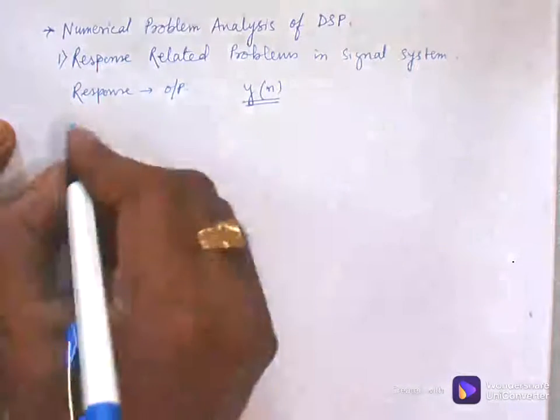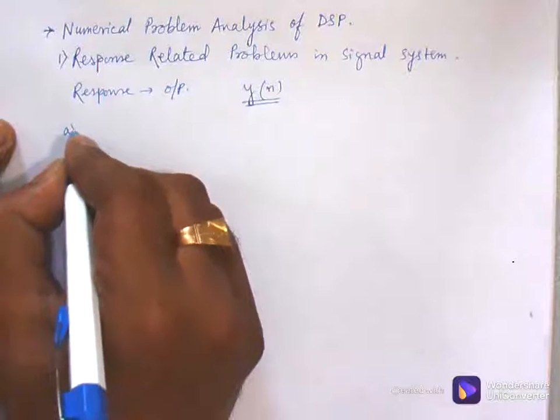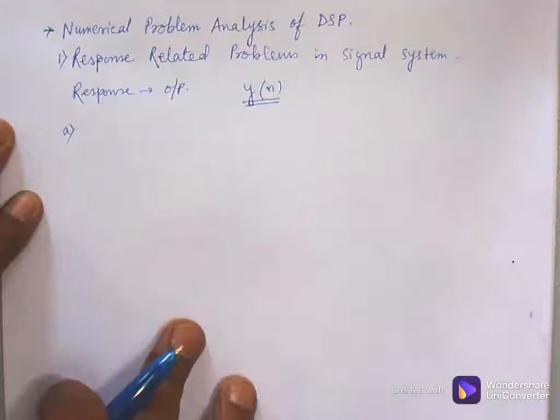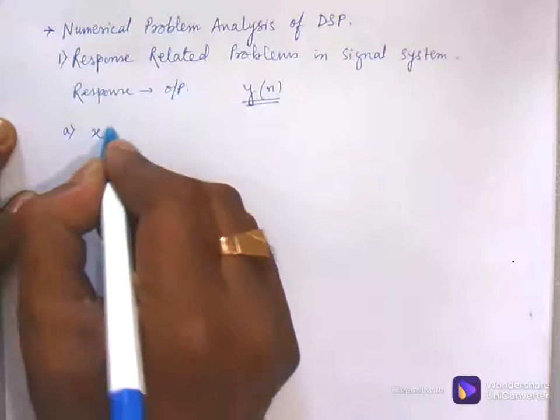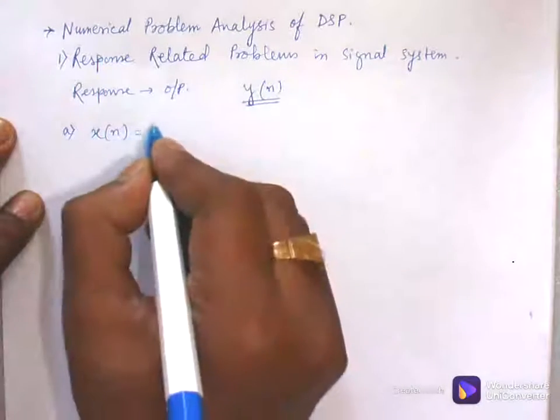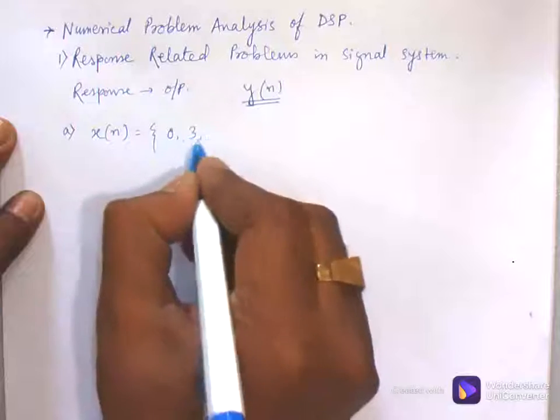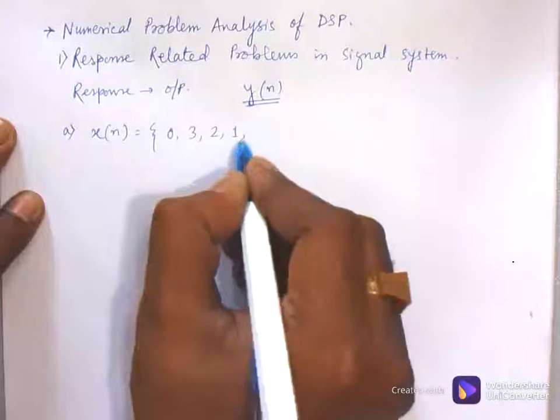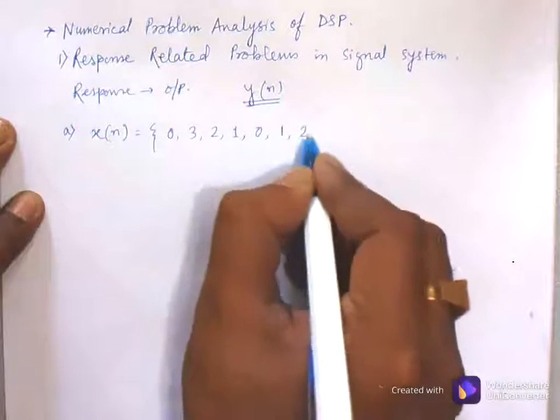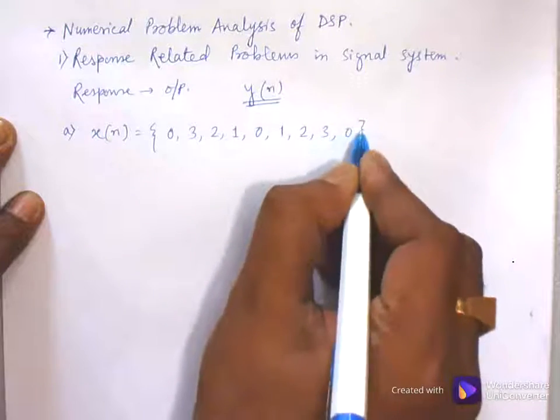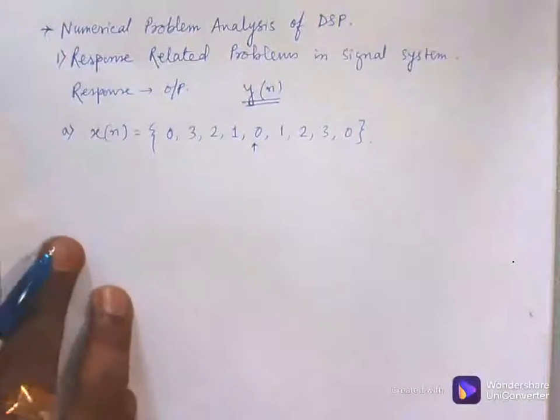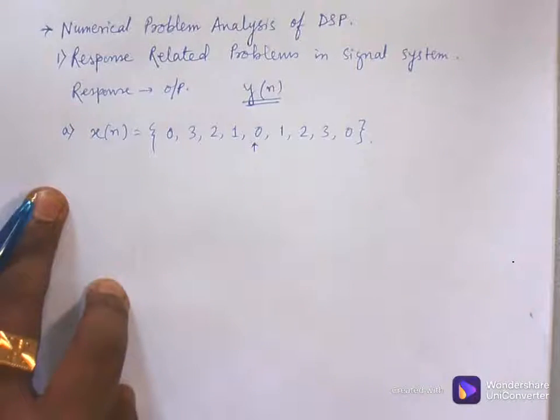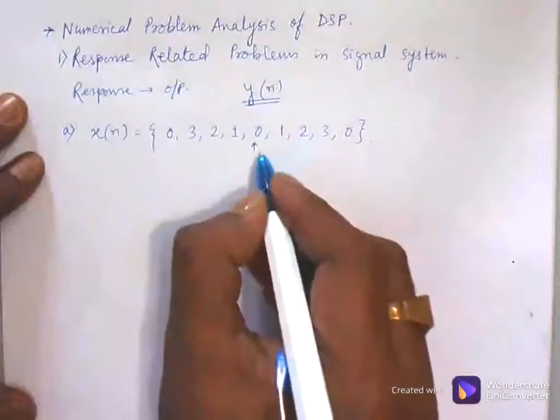So let us take an example, say x of n equal to 0, 3, 2, 1, 0, 1, 2, 3, 0, and an arrow symbol is indicated under the 0. This arrow means this is the origin.